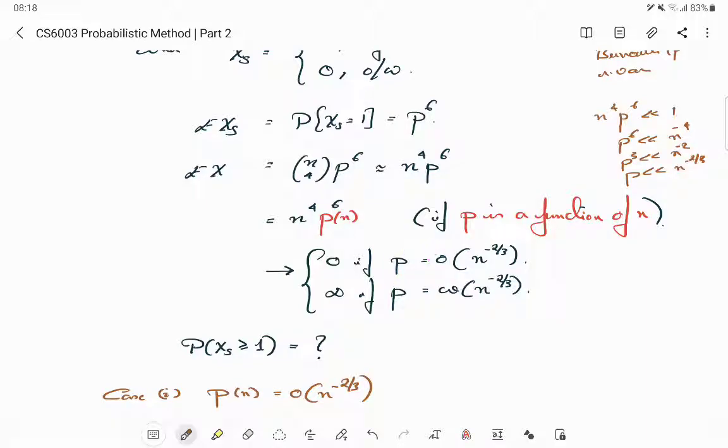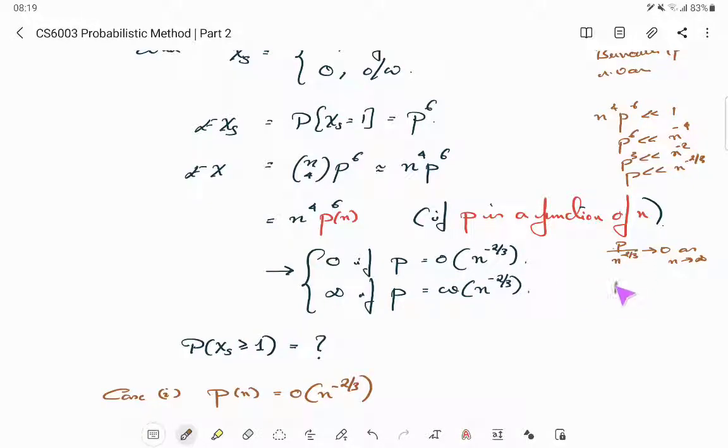So if p is little o of n to the power minus 2 by 3, what does that mean? That means p divided by n to the power minus 2 by 3 goes to 0 as n tends to infinity. That is the definition of little o.